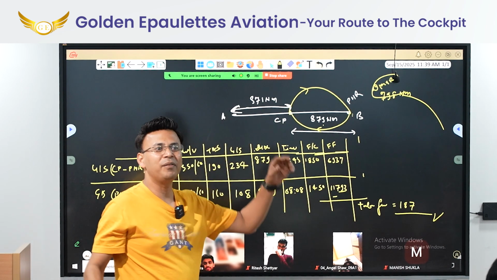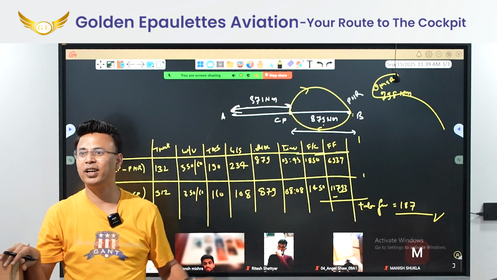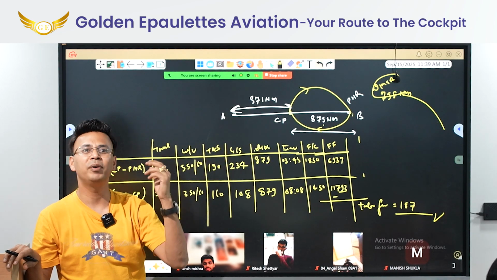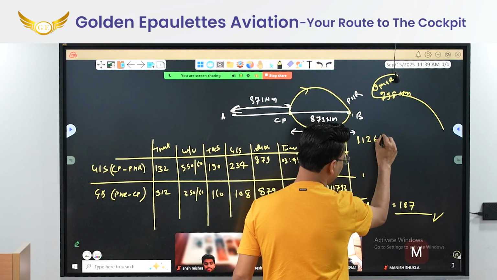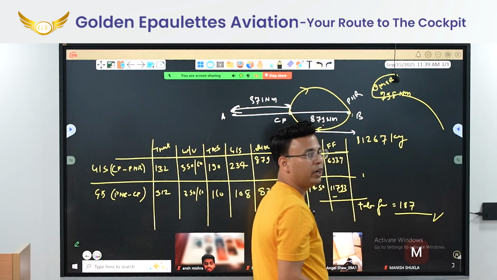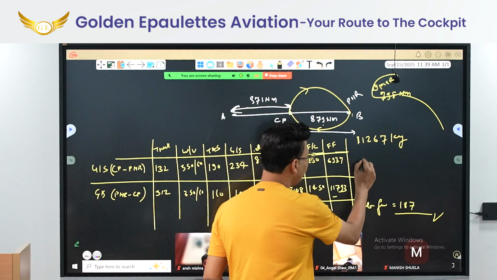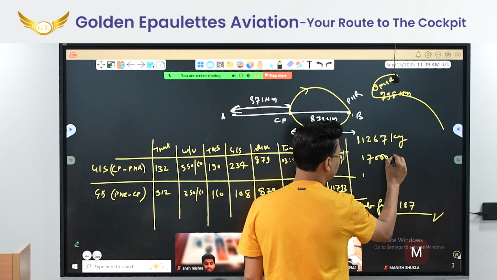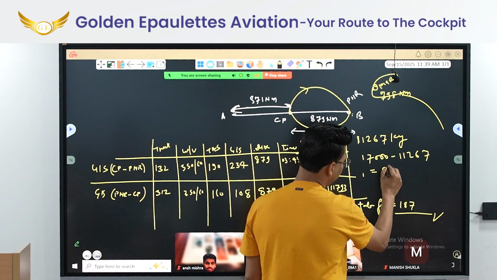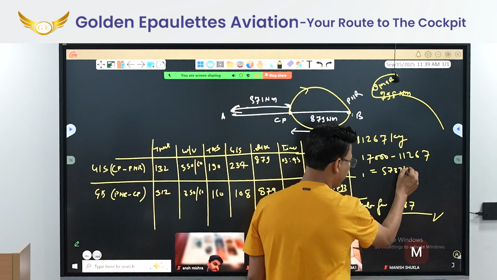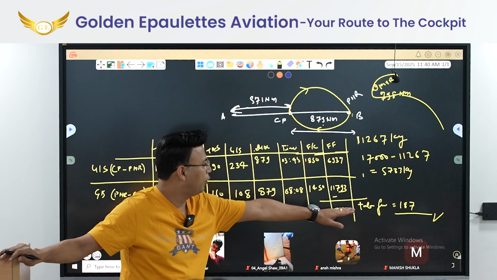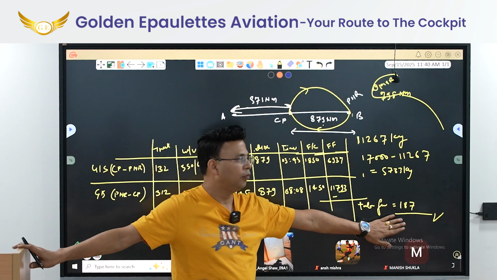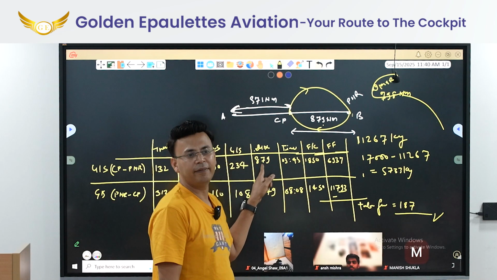So we have already consumed fuel up to CP. How much fuel have we consumed up to CP? 11267. This much we have already consumed, so this will be subtracted from 17,000. So this will be 5733 kg. Now find out from the same elementary method. For this much fuel, PNR is 879.